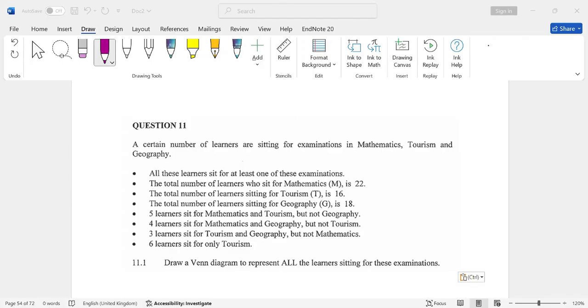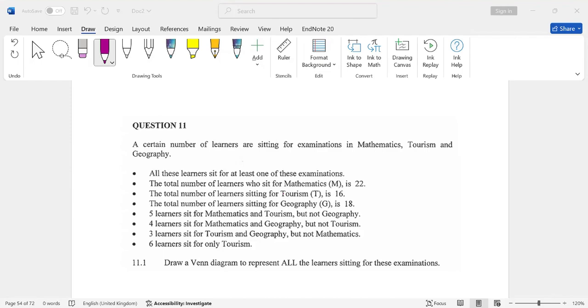So the next question is question number 11. A certain number of learners are sitting for examinations in mathematics, tourism, and geography. All these learners sit for at least one of these examinations. The total number of learners who sit for mathematics M is 22.